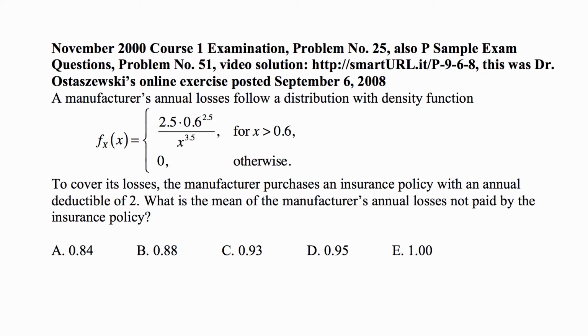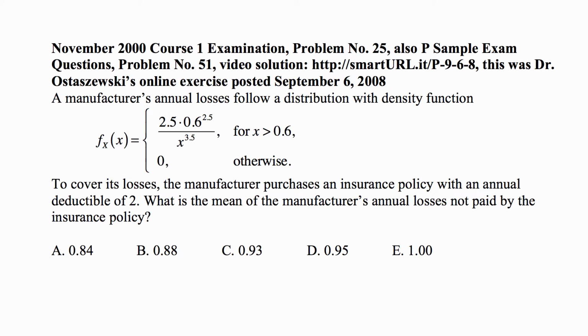This was also my online exercise posted previously in a PDF file on September 6, 2008, but now this will be a video. A manufacturer's annual losses follow a distribution with density function f sub X of x equal to 2.5 times 0.6 to the power 2.5 divided by x to the power 3.5 for x greater than 0.6, and the density is 0 otherwise.